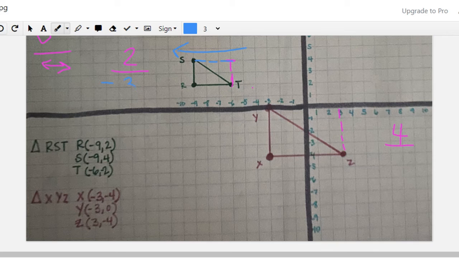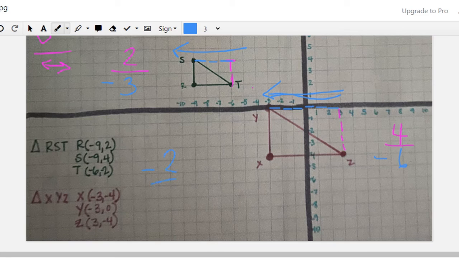Negative 3. That's better. All right, now, and over here is 1, 2, 3, 4, 5, 6. And again, I'm going in a negative direction, -6.